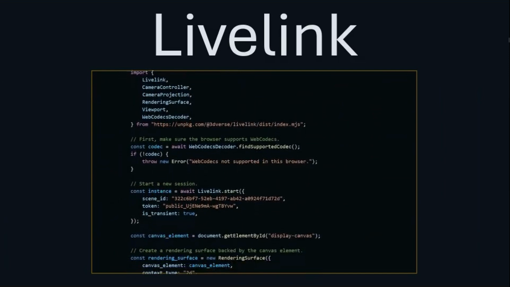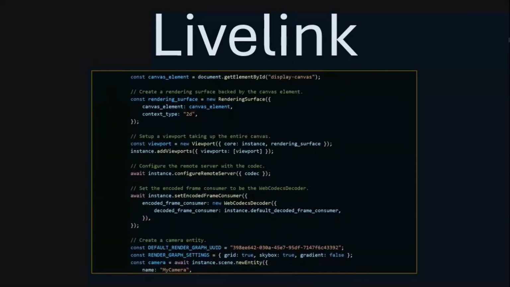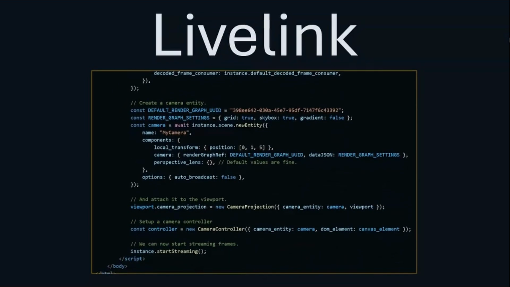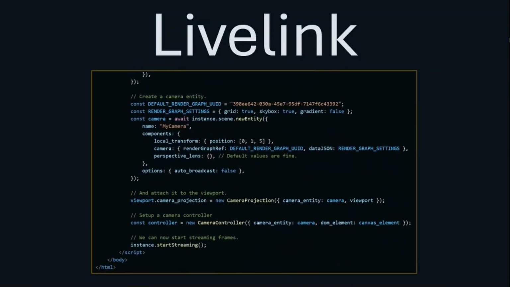It's doing codec, instance creation, getting the rendering surface, creating viewports, creating cameras, and everything is very verbose and very error prone. And there's basically no state management. LiveLink.js just gives you very fundamental pieces of building blocks.